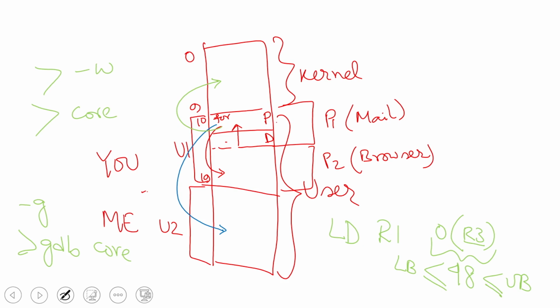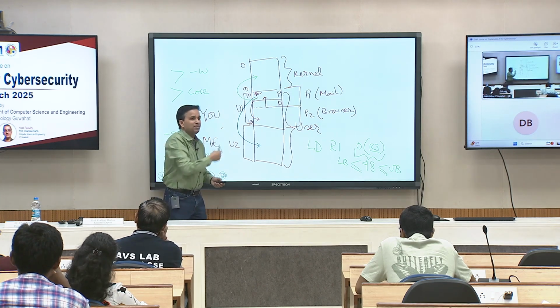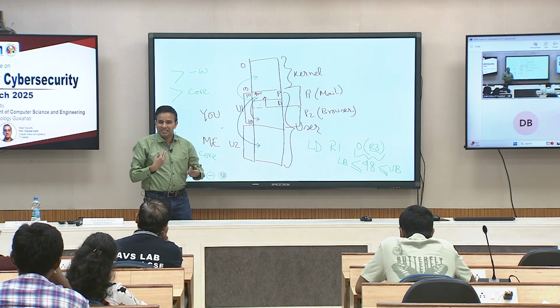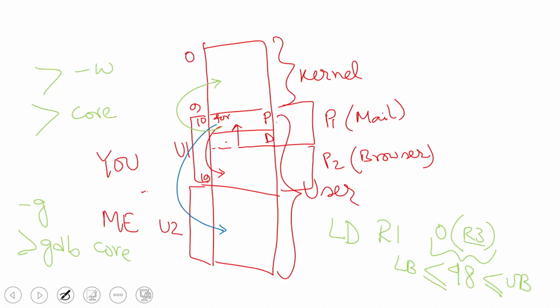So, the core dump is supposed to help you debug where the mistake is happening. Of course, in those days the assumption was that nobody is malicious. But now, if this idea is clear, does anybody have a question on this? Because later I will say it is accessing somebody's space, and you will be thinking, so what?